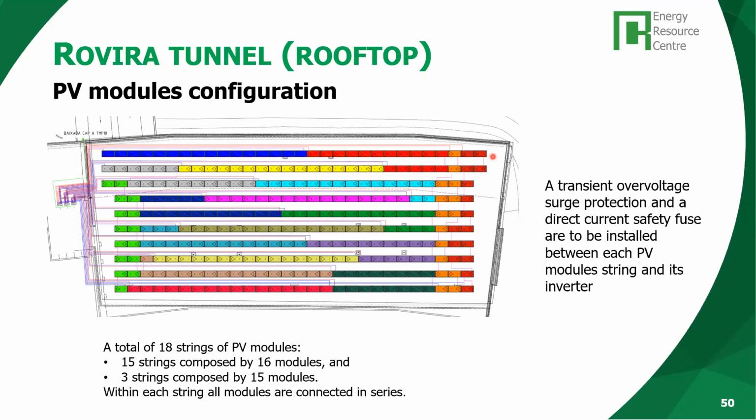And this is how I decide how many modules are in each string, because I have to add the voltage of every module. And if I have 18 modules, I have to take into account that it is the voltage of 18 modules. We see. Thanks very much for that.